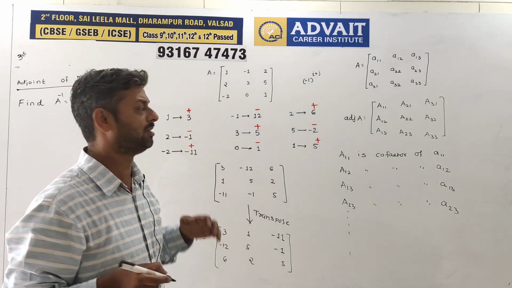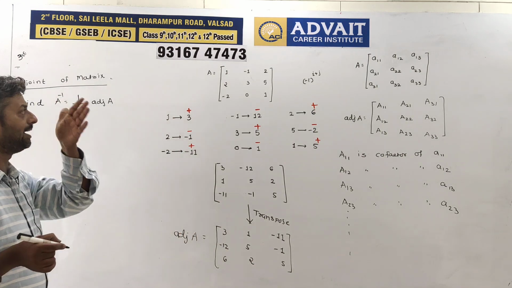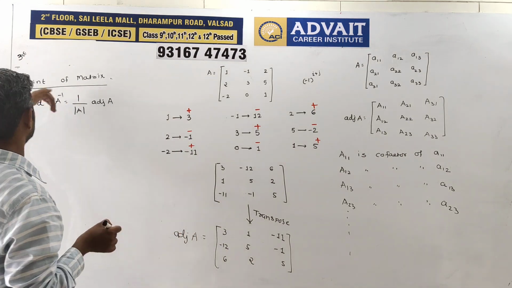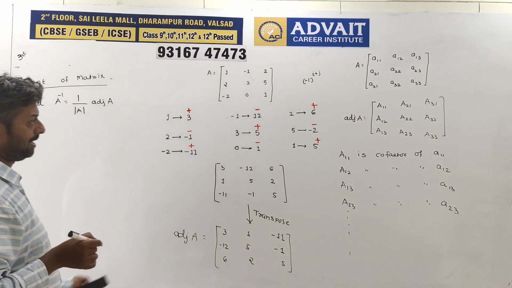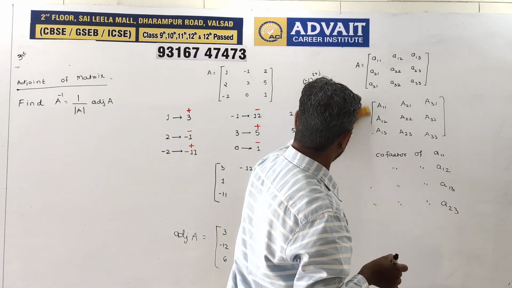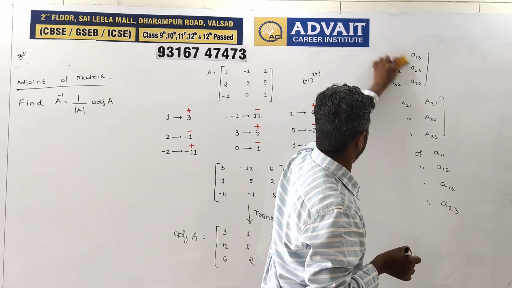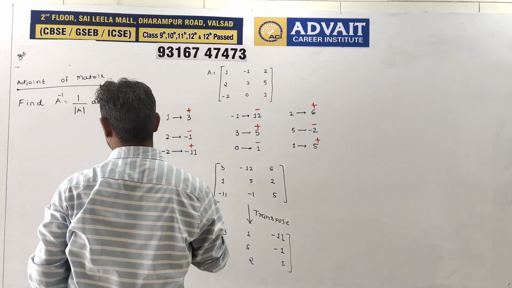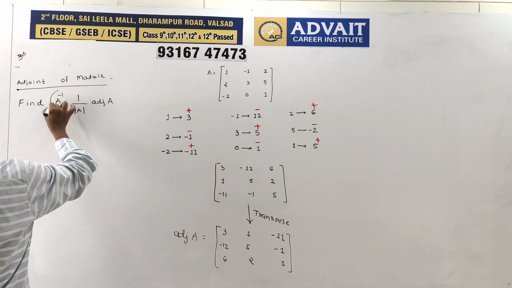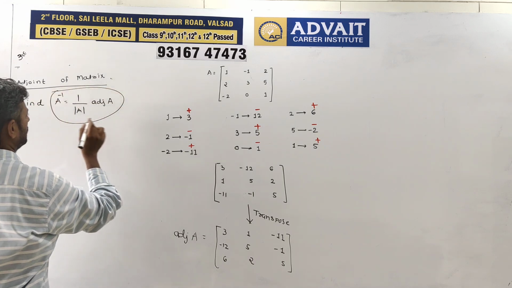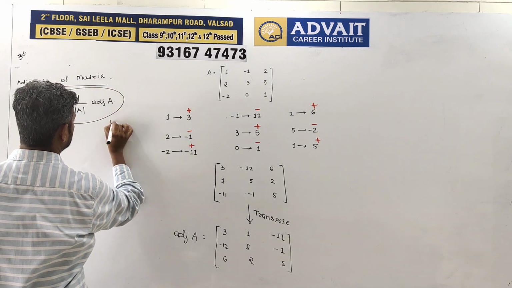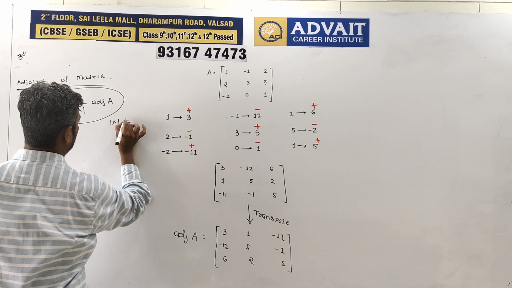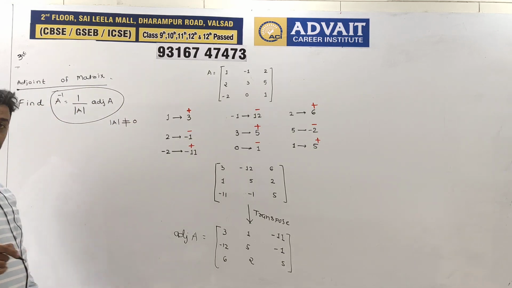But if they have asked to find A inverse, then you have to continue and find the determinant value of A. A inverse you can find only when the determinant value of A is not 0.